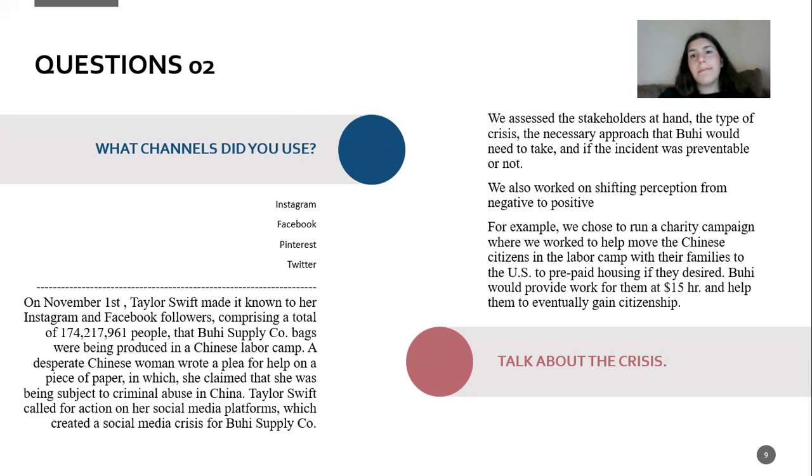All of those actions worked together to dim the results of the crisis and turn it into a more positive light, something that could help address this issue and bring more awareness for individuals and businesses to the crisis going on, not with Bowie Bag Co., but with China and their labor camps that are normally funded by North Korean slave labor as well. It is a pretty large issue.